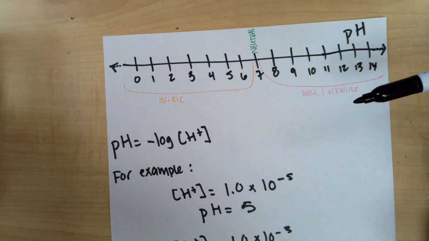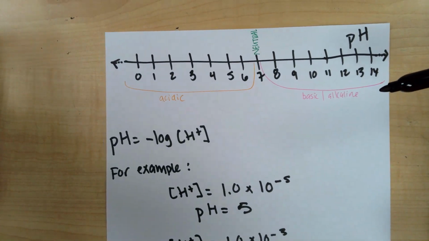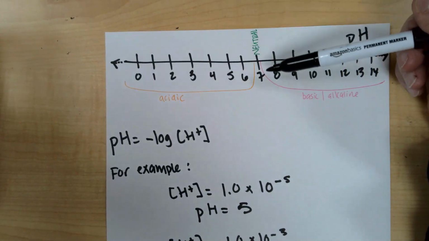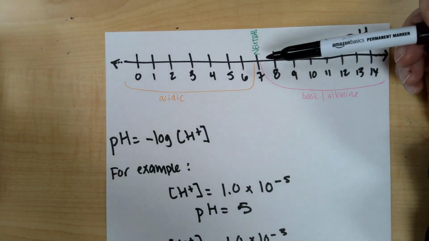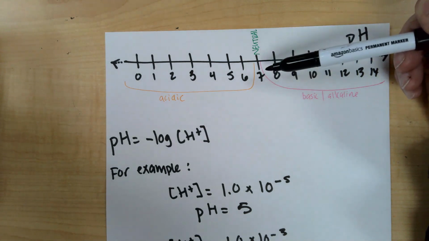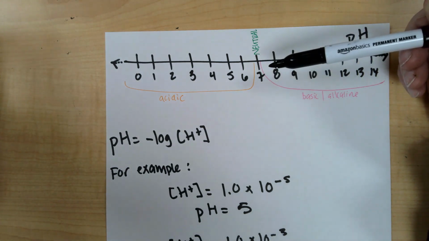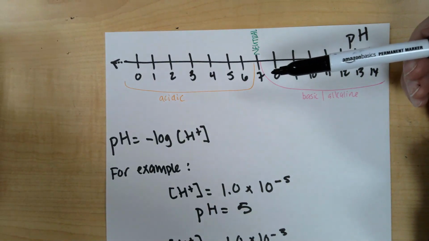Same thing for when we recognize a solution is acidic. Neutrally, like water, the normal amount of H3O+ floating around is right at pH 7, because there's 1.0 times 10 to the negative 7th of the hydronium ions floating around.